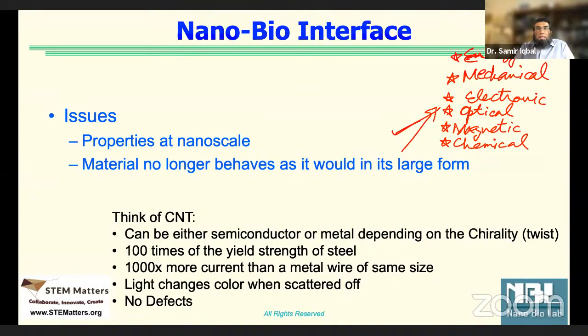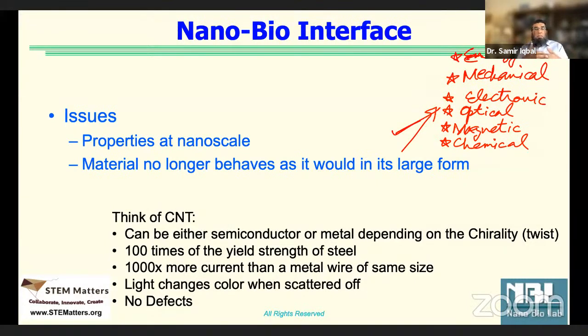Mechanically, one thing is very strong. On the other side, the bio side is very soft. Electronically, one thing has charges which are confined and settled in their spaces. On the bio side, charges can easily move around. If you look at the optical properties, we have very well-defined band gap in a semiconducting material, for example.